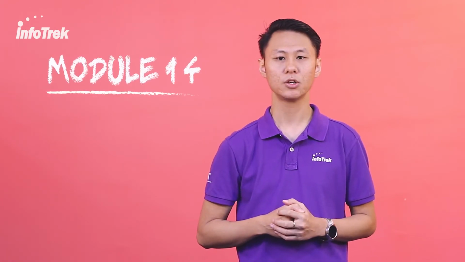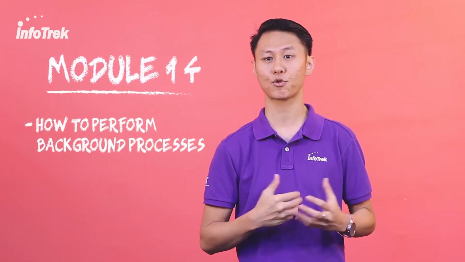And of course, the last module, Module 14, you're going to learn how to perform background processes. In HTML5, part of JavaScript actually, there is an object called web workers. There are two types of workers, either a dedicated worker or a shared worker.